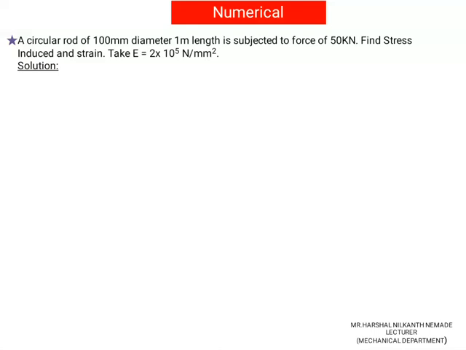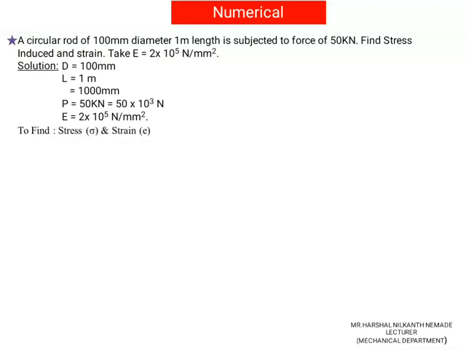Given data: diameter is 100 mm, length is 1 meter, which I converted to 1000 mm, and force P is 50 kN, converted to Newton by multiplying by 10 to the 3, so 50 into 10 to the 3, and capital E is 2 into 10 to the 5 Newton per mm square.